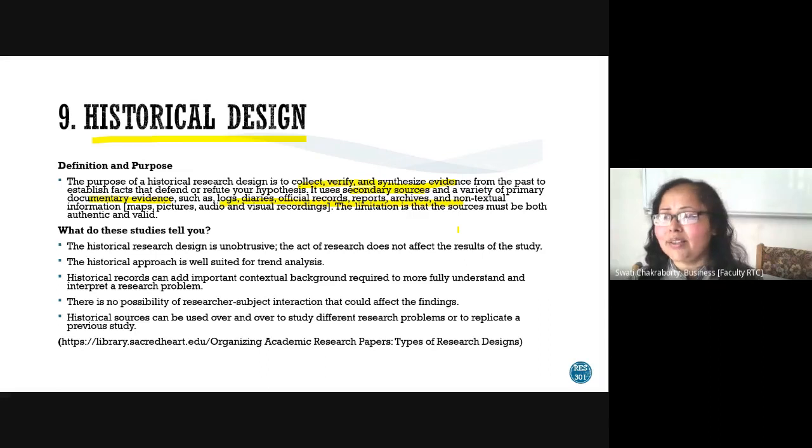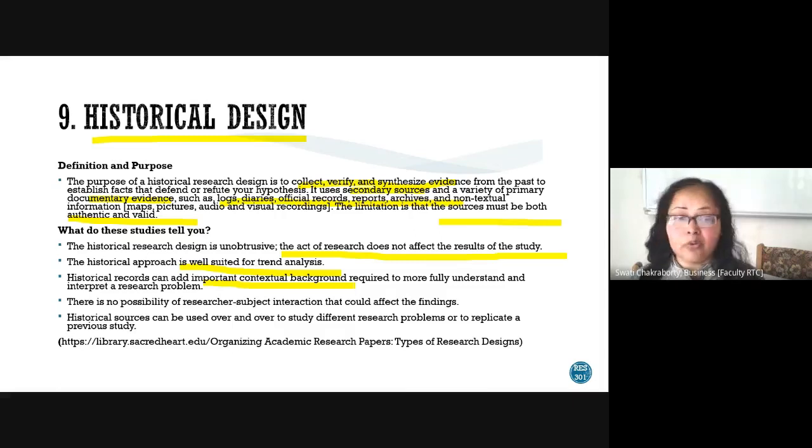So the limitation is that the sources must be both authentic and valid. In this particular design, the act of research does not affect the results of the study, and it is well suited for trend analysis. It can add important contextual background, which is required to understand a particular problem and interpret it in a better way.